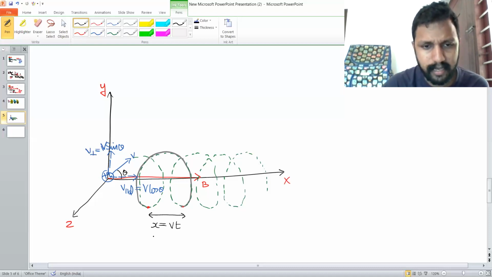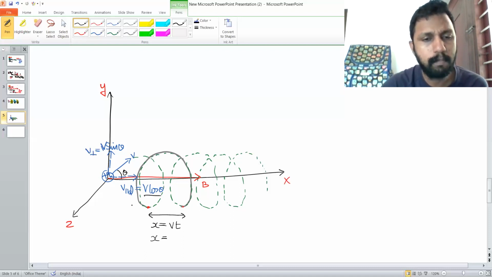And in this case, we could write pitch of the helix as which velocity is moving it in the x direction. Velocity യുടെ ഏത് component ആണ് അതിനെ മുന്നോട്ട് നീക്കുന്നത്? The v cos theta component or the v parallel component is pulling it in the x direction. It is translating it.